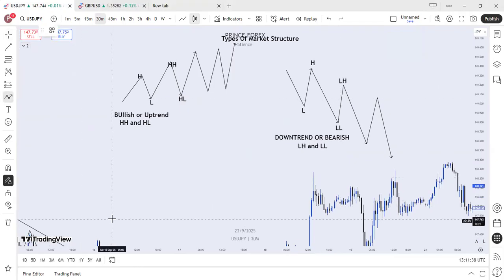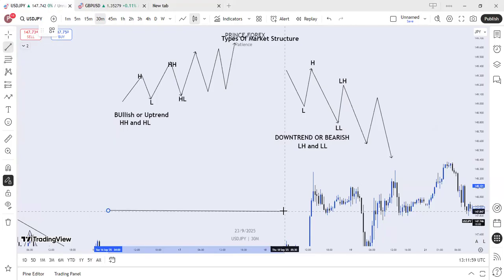So the accumulation market is basically the market structure type that does not have any clear direction. It is neither moving to the upside nor moving to the downside. It is either moving from one support to resistance. So let's consider this as our support.